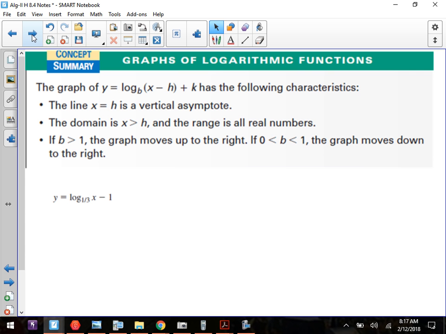You will always have vertical asymptotes at x equals h, and your domain is x is greater than h. There's only two ways that these graphs go. It's either going to go up and right or down and right, and that depends on the base.